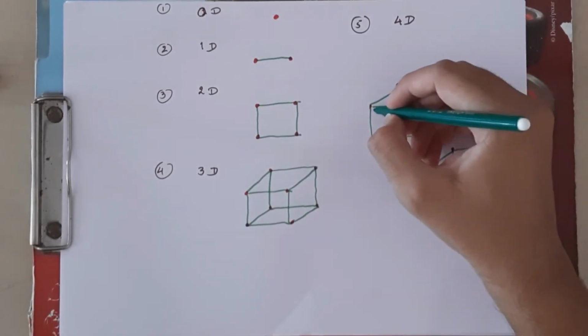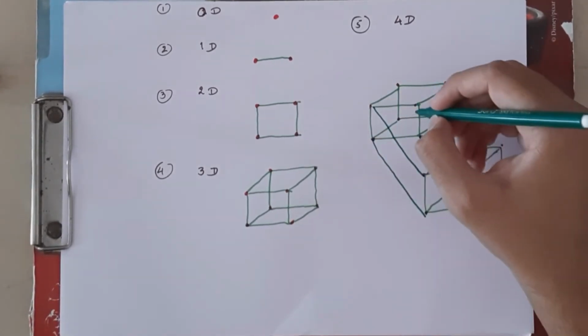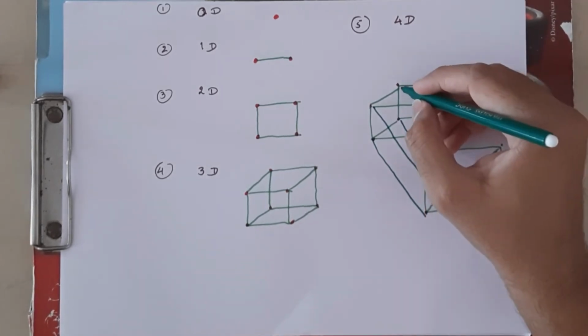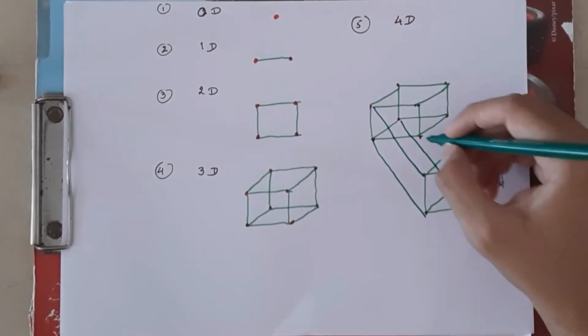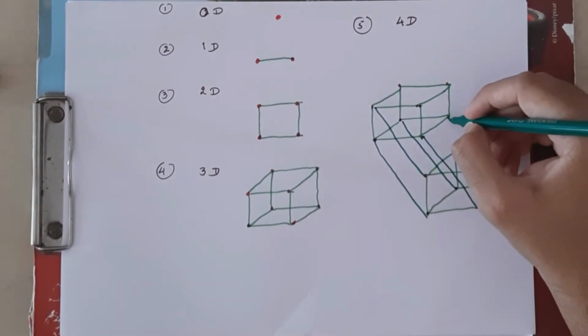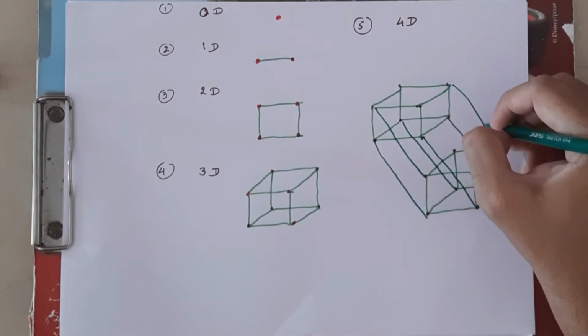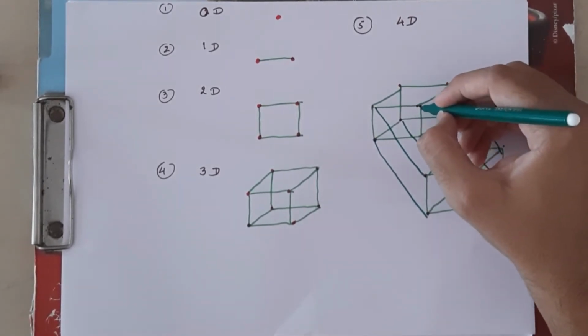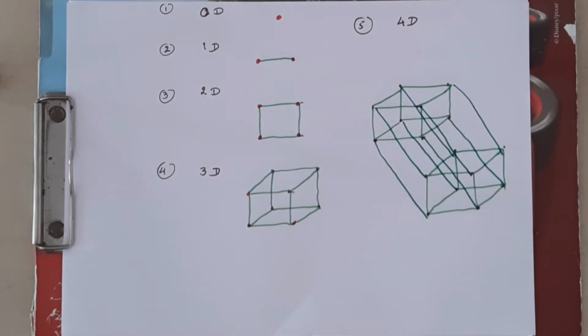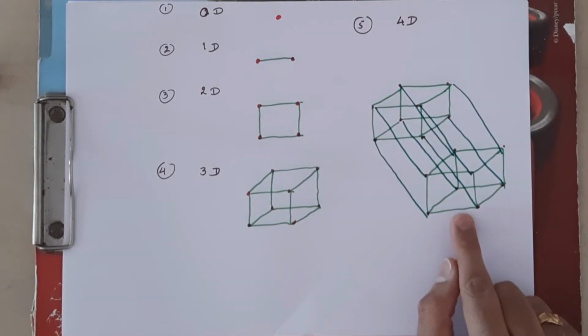These are the corresponding points. I think it should be clear how to draw it. So it is known as a 4 dimension quantity.